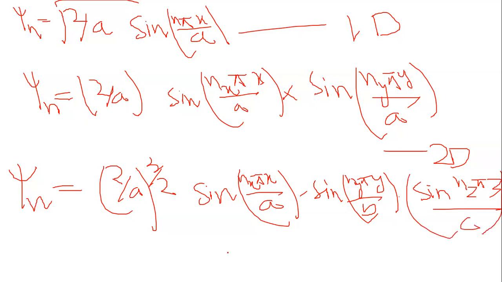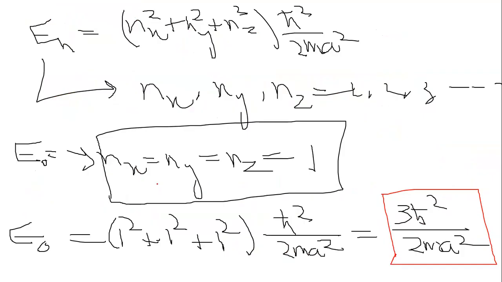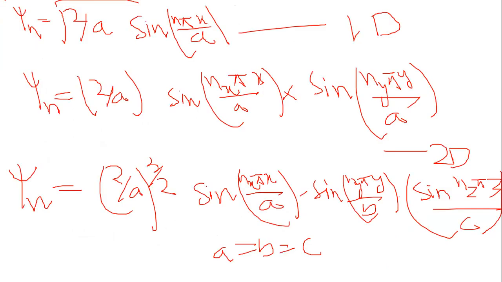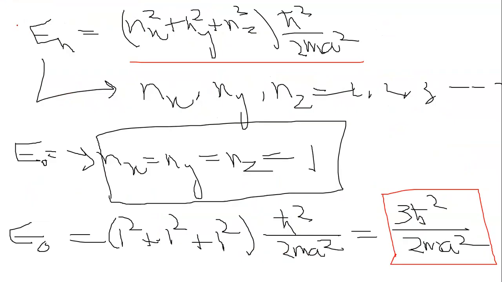If we take a equals b equals c, then these three terms will be equal. Only in that case, when a equals b equals c, we can write the energy eigenvalues as nx square plus ny square plus nz square times h cross square by 2m a square. And when we put nx, ny and nz equal to 1, we get the zero point energy as 3 h cross square by 2m a square.